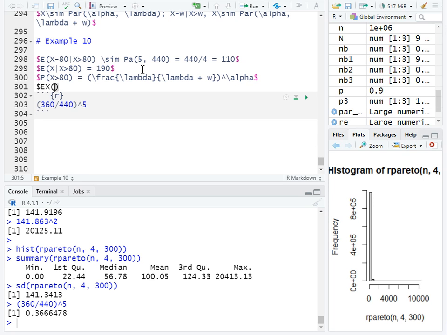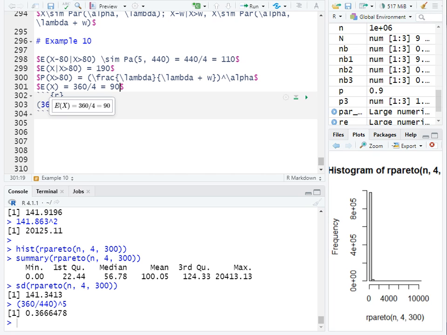Our final value Ex is just 360 divided by 4. Once again we divide by alpha minus 1, and here it is 90.